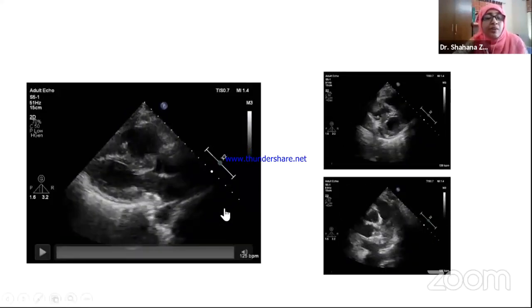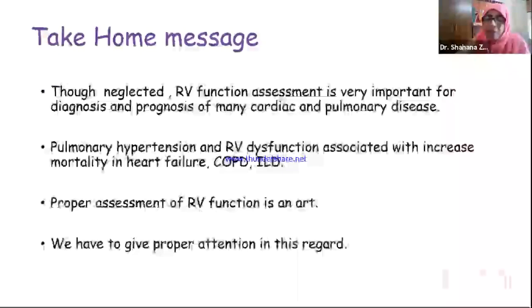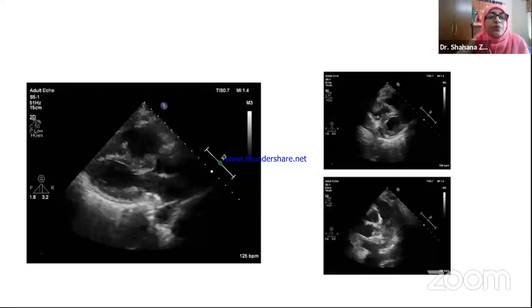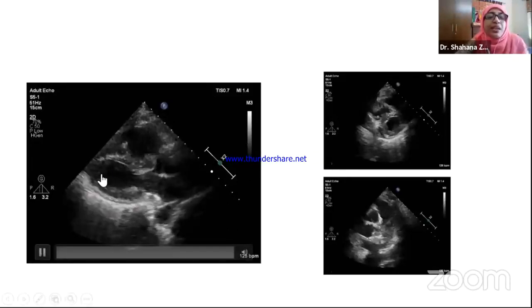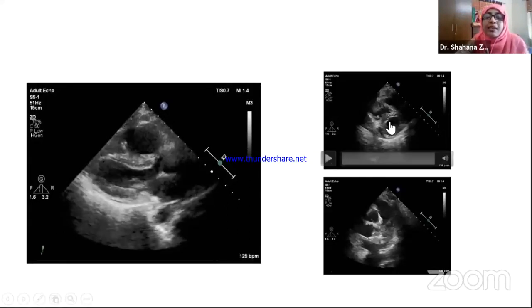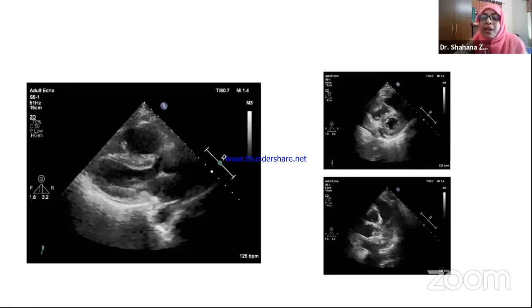This is the history of another unlucky woman who presented in NICVD CCU with respiratory distress, chest pain, and cardiogenic shock. In parasternal long axis view, we appreciated the RV is a bit dilated. In parasternal short axis view, we appreciated a D-shaped RV with mild pericardial effusion.